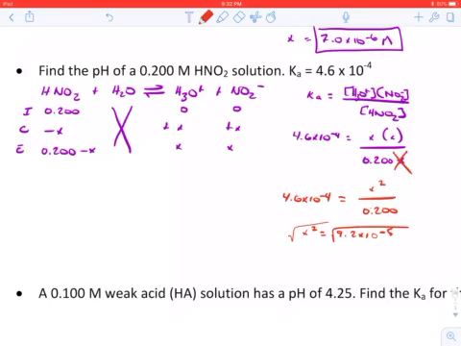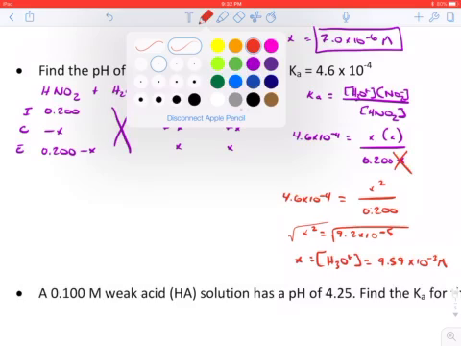Now we're going to take the square root of both sides, and that should give us X. We get a value, which is our hydronium ion concentration, of 9.59 times 10 to the negative third.